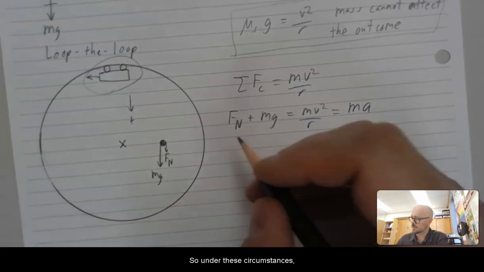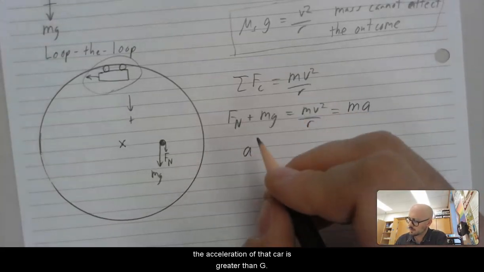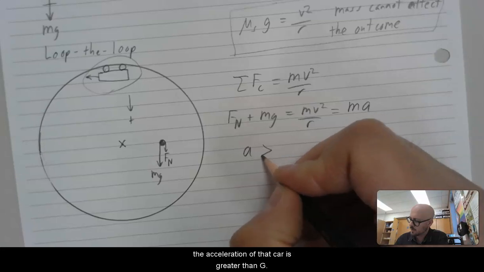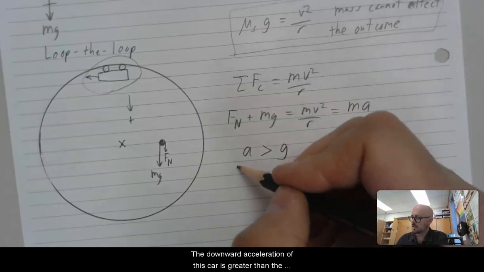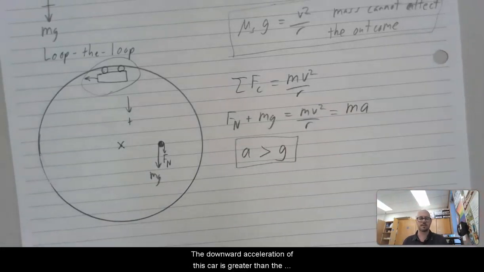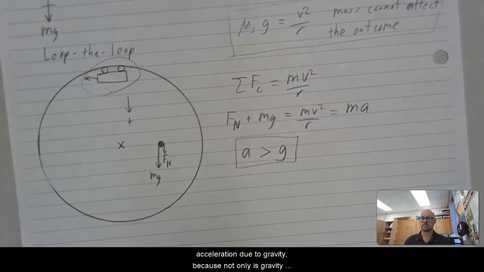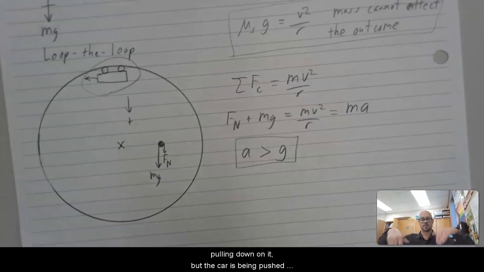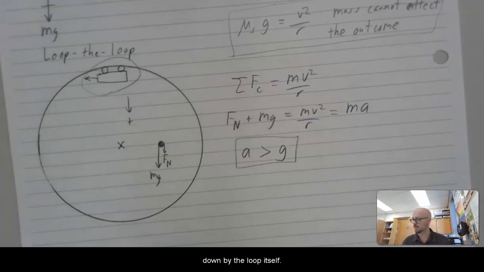So under these circumstances, the acceleration of that car is greater than g. The downward acceleration of this car is greater than the acceleration due to gravity, because not only is gravity pulling down on it, but the car is being pushed down by the loop itself.